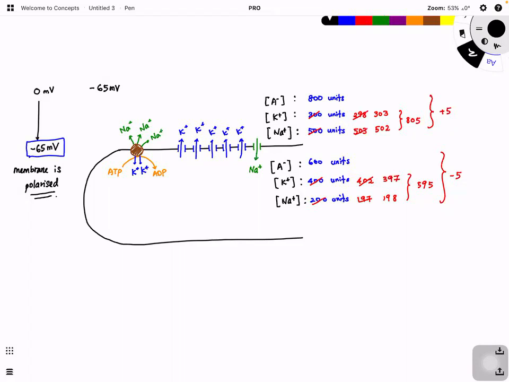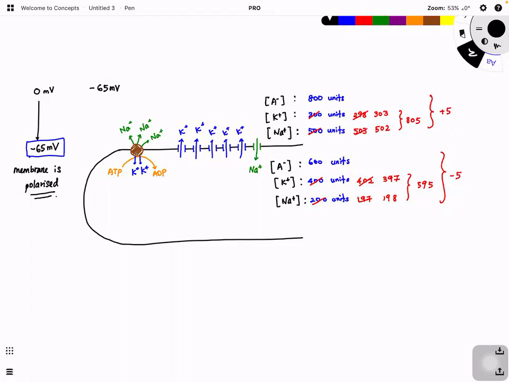That's the first mechanism. Second mechanism, the neuron is more permeable to potassium ions compared to sodium ions. So the potassium ions will move out of the cells at a higher rate. Why? Because of the sodium potassium pump. The sodium potassium pump always makes sure that potassium ions accumulate inside the neuron.